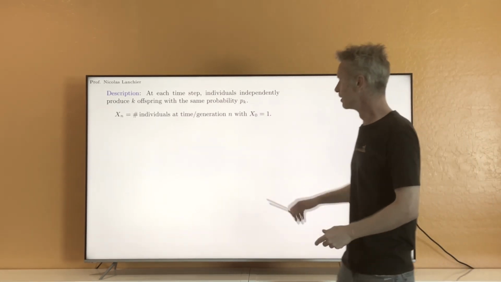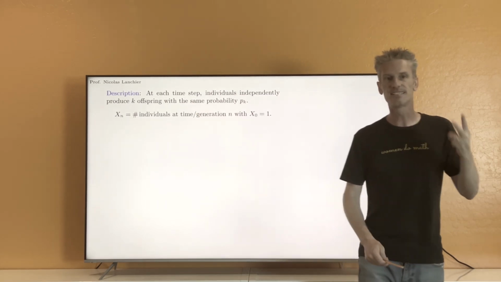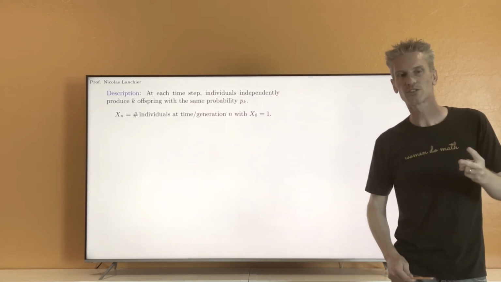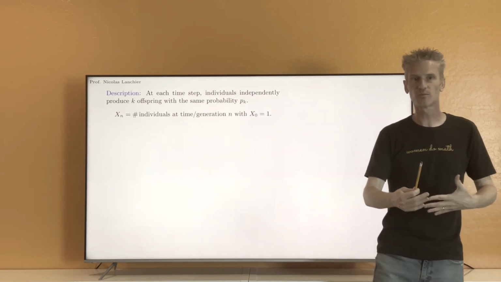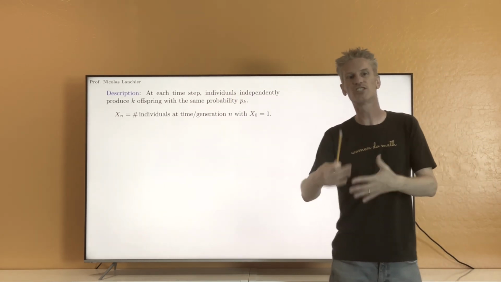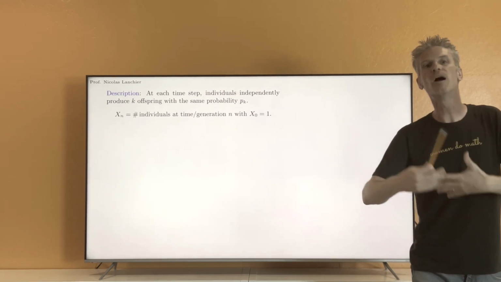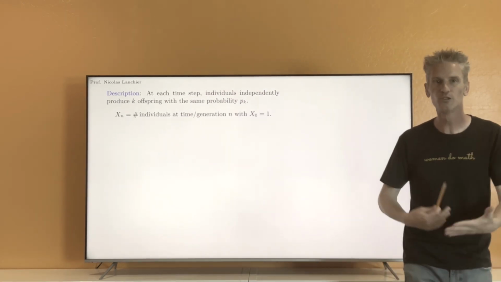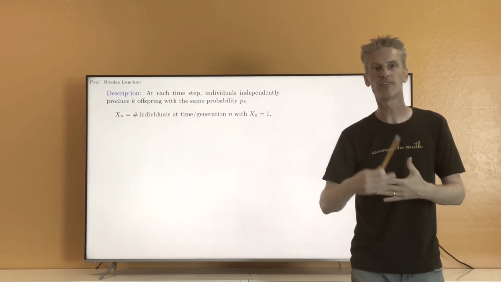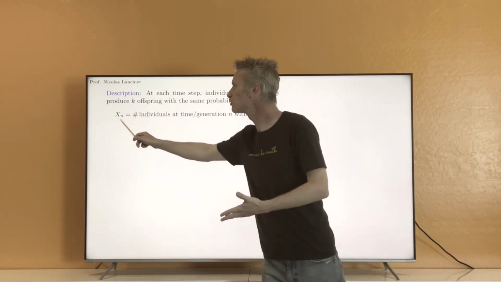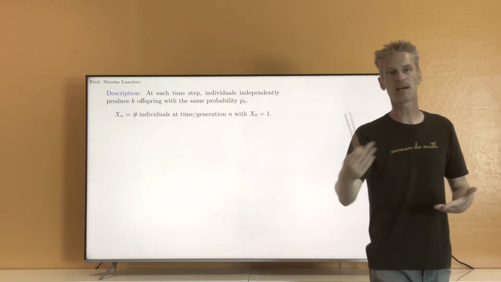All right, so that's step 1. Then step 2, you want to use this simulation of your random variable Y multiple times to decide how many offspring each individual is going to have, and you want to construct your process Xn step by step.